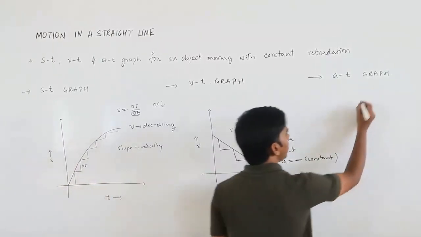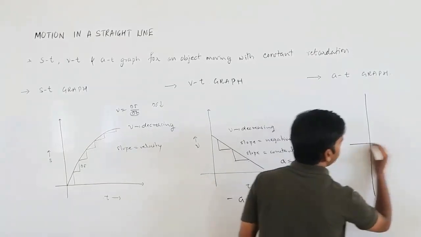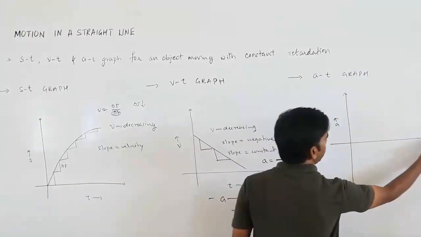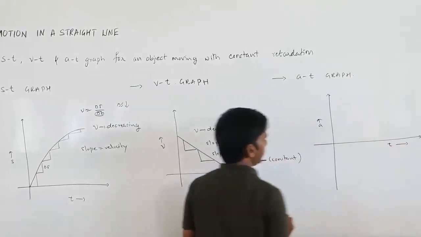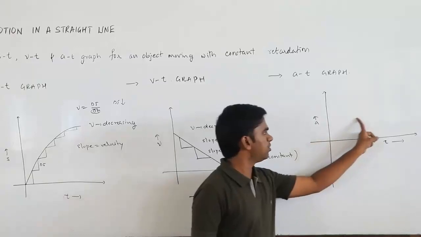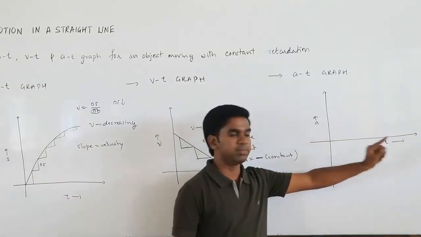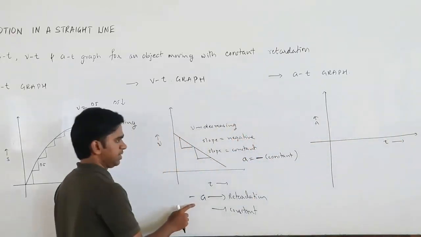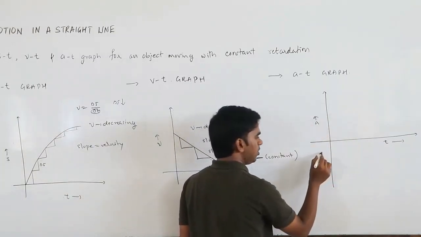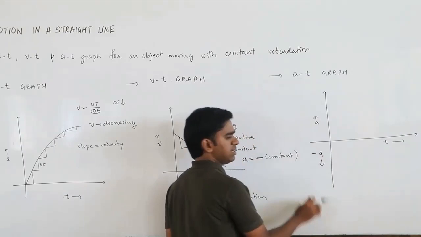If you plot the graph of acceleration against time, acceleration is constant. That is not a problem. You may get a line parallel to the x-axis, but it is negative. So that is why you will not get it above the time axis. You will get the graph below the time axis because negative values are here.